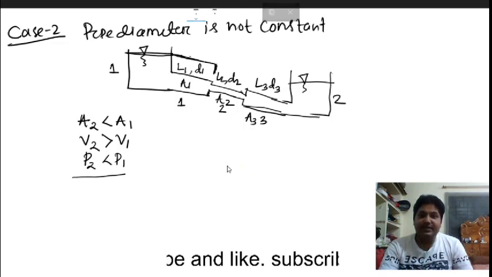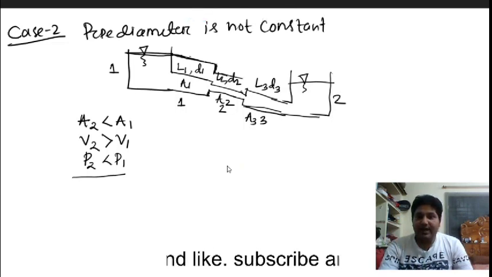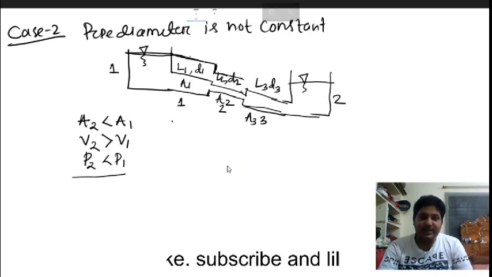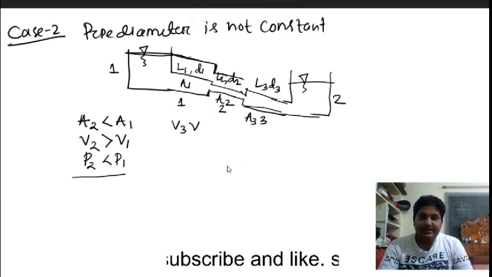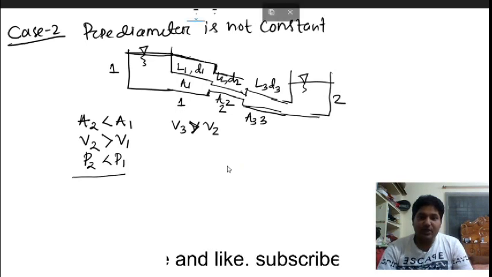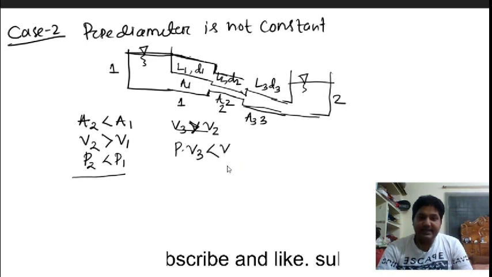Again it will continue. The velocity at section 3 is less than the velocity at section 2. Why? The area at section 3 is more than the area at section 2.